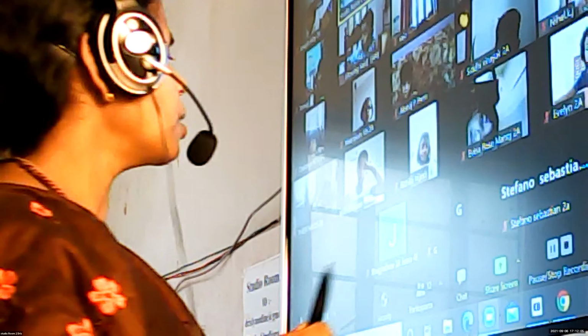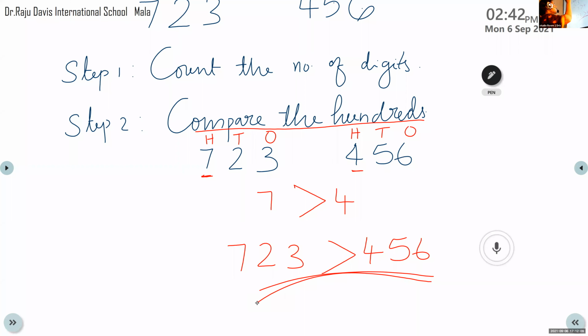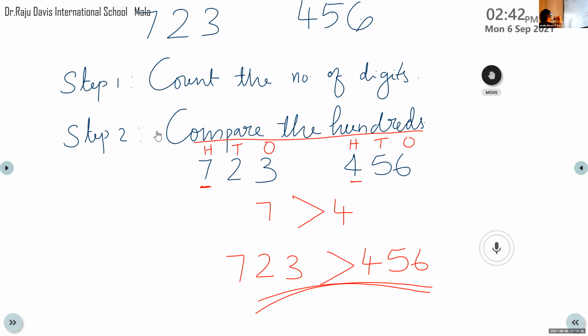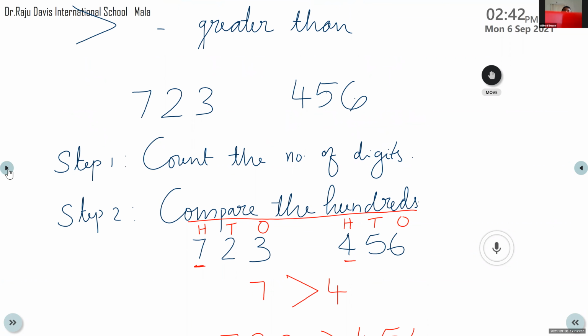So I took an example: 723 and 456. Now, when we count the number of digits, in 723 there are 3 digits, which are 7, 2 and 3.